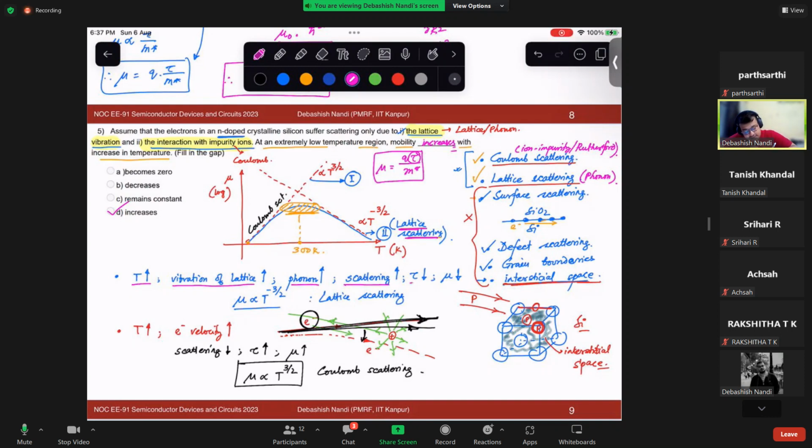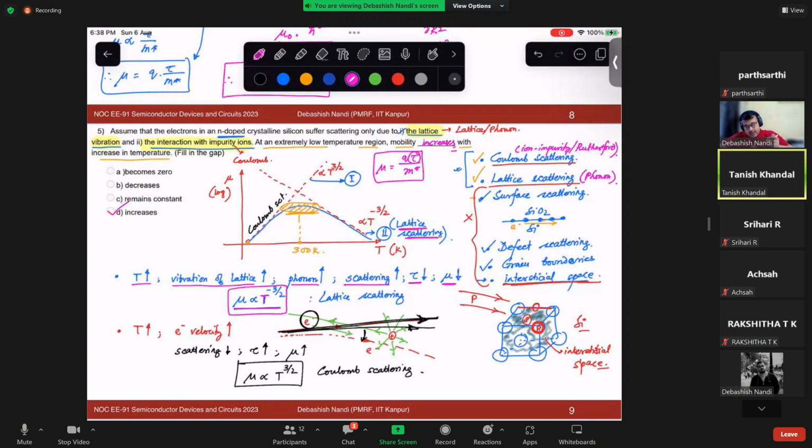That means my tau will decrease, and that means my mobility will decrease. So that's why this kind of reduction is there. You get it, right, that if T increases, mobility will decrease from this formula.